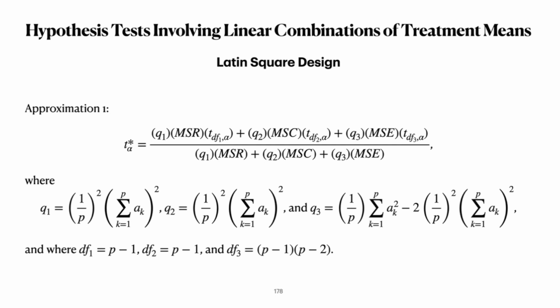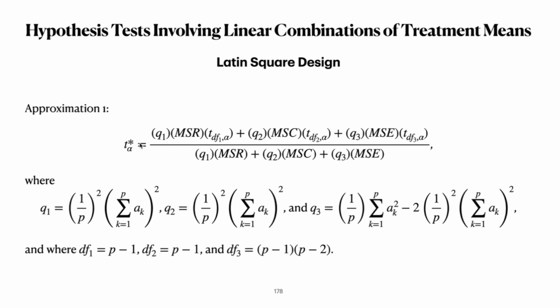And so approximation method 1 approximates the critical point directly, and this is the formula for that critical point. It is a linear combination of t-values here, and for computing this, we see that the degrees of freedom 1 and degrees of freedom 2 are both equal to p minus 1, and degree of freedom 3 that shows up here is equal to p minus 1 times p minus 2.